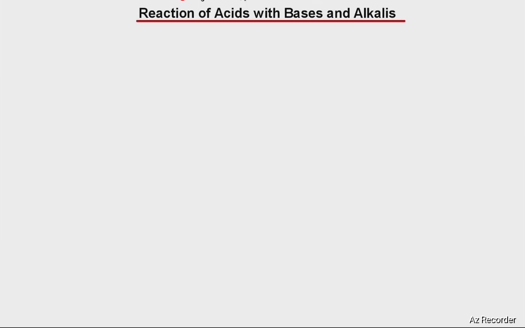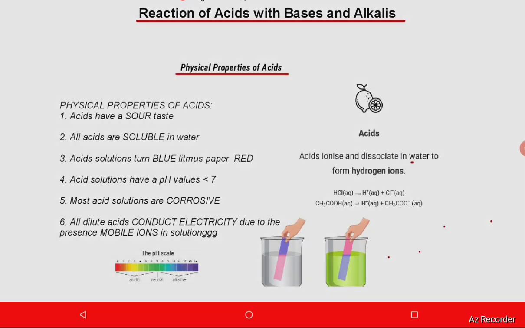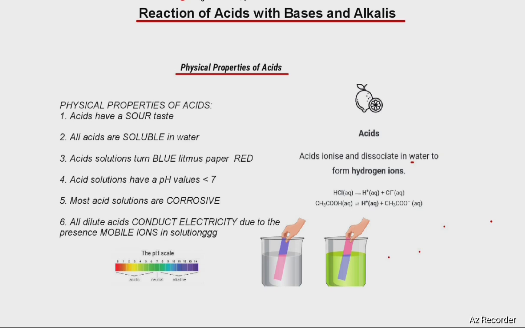In our previous video we looked at the physical properties of acids, and we said that acids have the following properties. They have a sour taste, they are soluble in water, and they turn red litmus paper blue, which we demonstrated by a simple experiment.